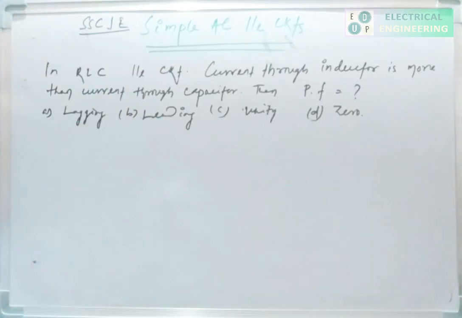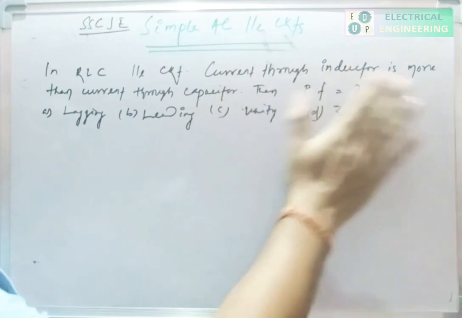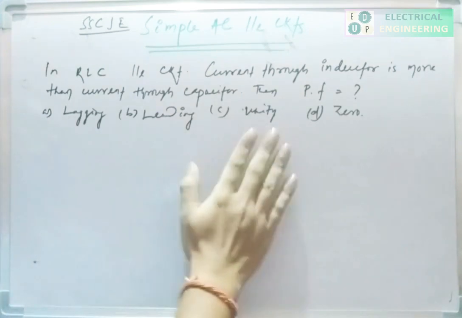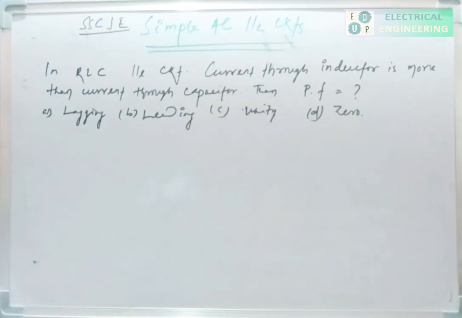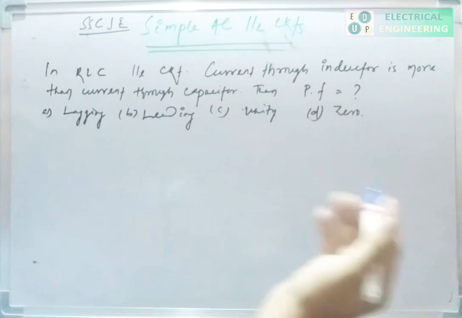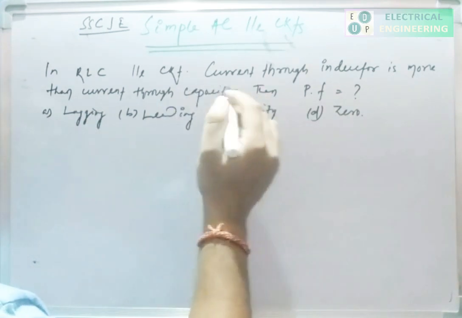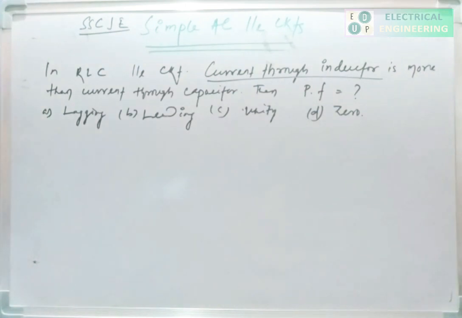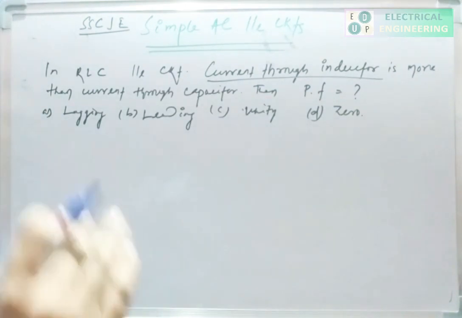In this question, in an RLC parallel circuit, the current through the inductor is more than the current through the capacitor. Then what is the power factor? Lagging, leading, unity or zero? It's very easy, very simple. Just look. Your current through the inductor is more, so the effect of inductance in the circuit is more.